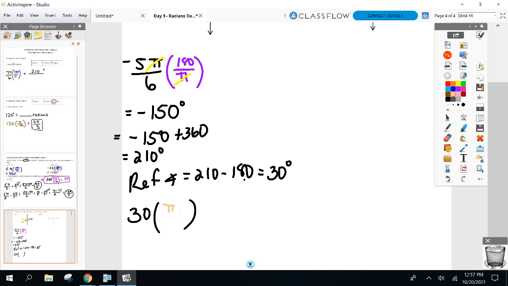Pi over 180. Leave it clean. Leave the pi in your answer and just reduce 30 over 180. One pi over 6.